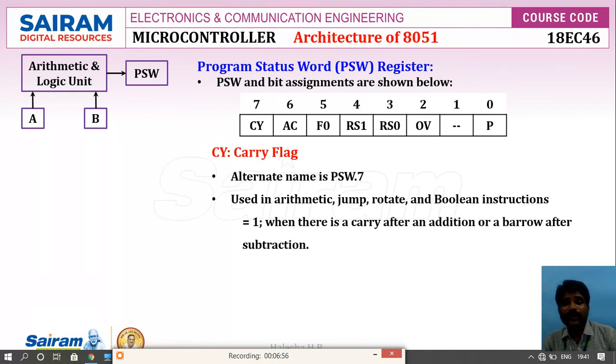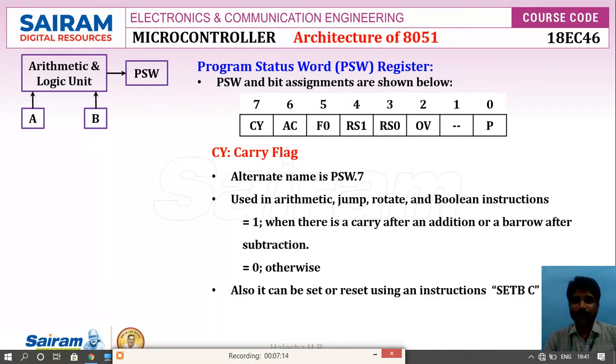It is set to 1 when there is a carry after an addition or a borrow after a subtraction. That means it can be used as a carry flag in addition, and also as a borrow flag in subtraction. Otherwise it is 0.